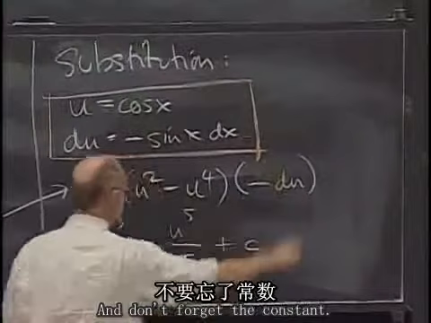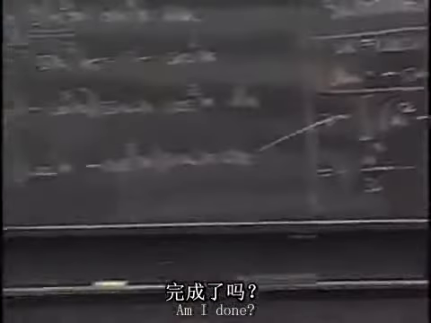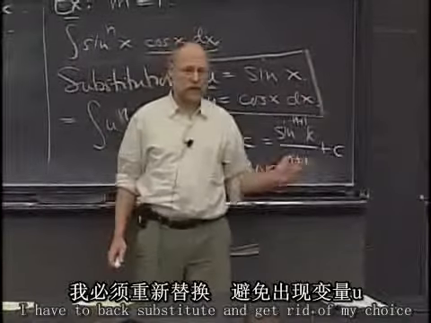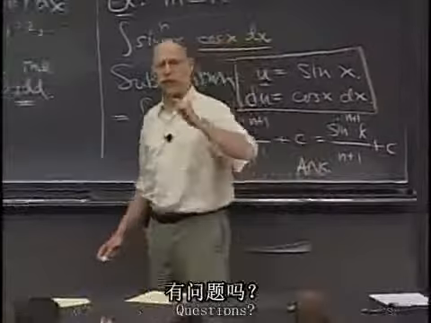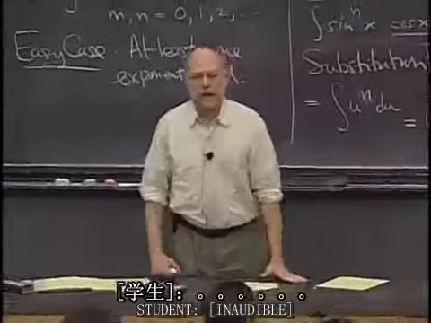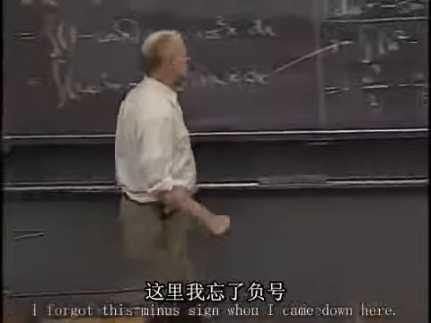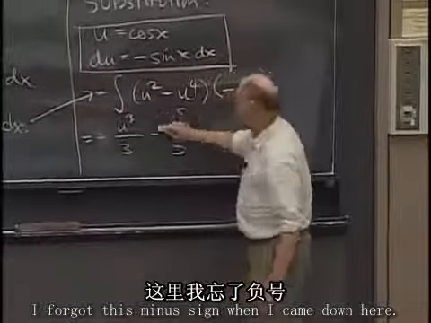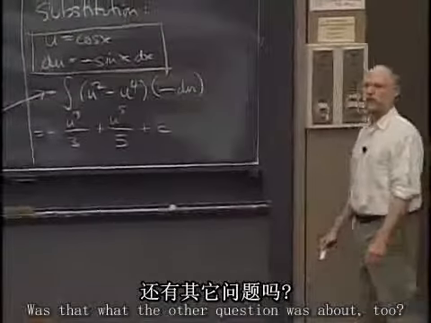And don't forget the constant. Am I done? Not quite done. I have to back substitute and get rid of my choice of variable u and replace it with yours. Questions? There should indeed. I forgot this minus sign when I came down here, so these two gang up to give me a plus. Is that what the other question was about too?